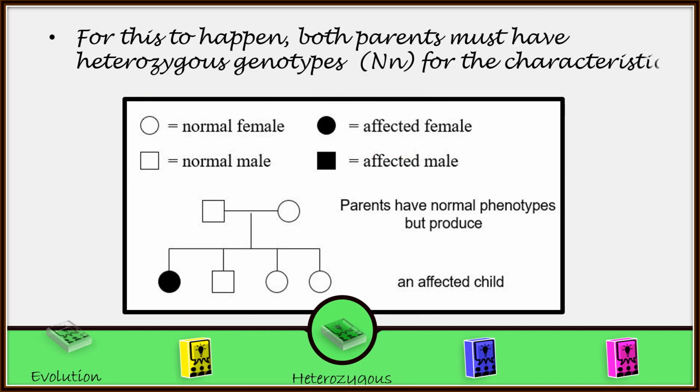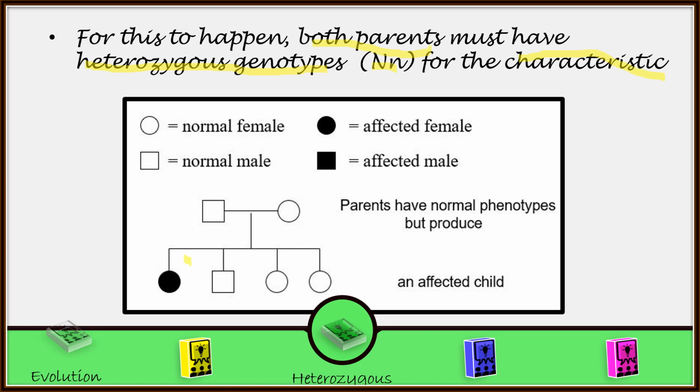For this to happen, both parents must have been heterozygous, which is capital N, small n, for the characteristic.